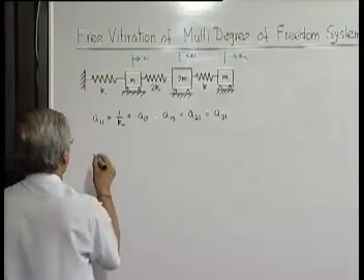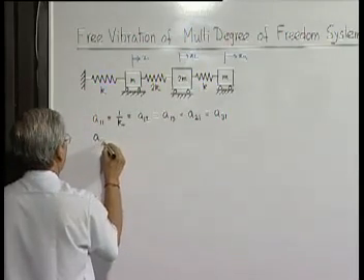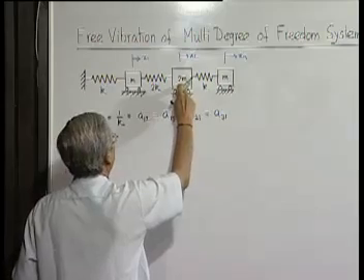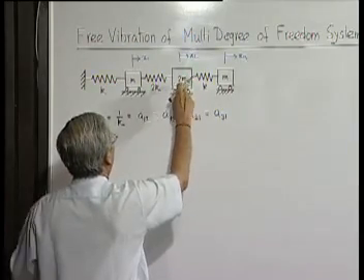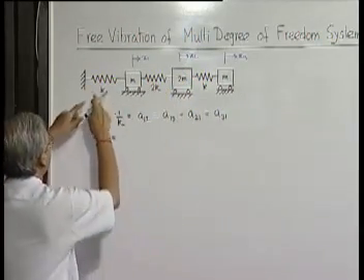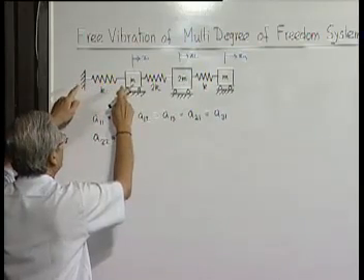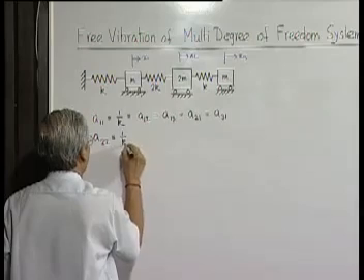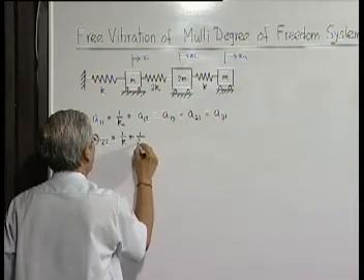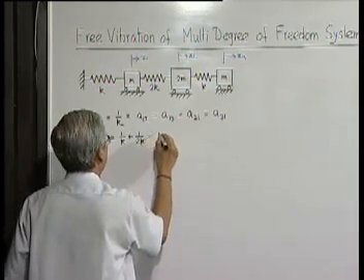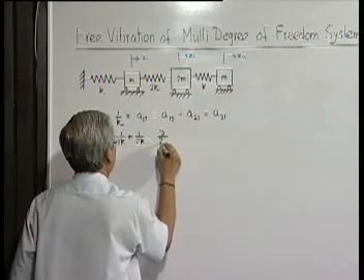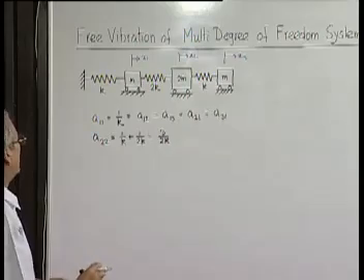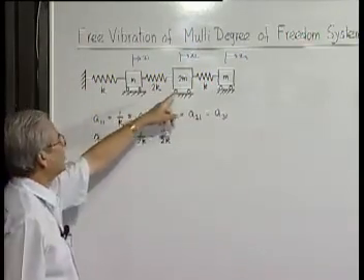Next, A22. A22 means that if I apply a unit load here, what will be the displacement of this? It is obviously the stretch of this spring due to unit force, stretch of this spring due to unit force. So, it is 1 by k plus 1 by k, 1 by 2k, that is the influence coefficient A22.